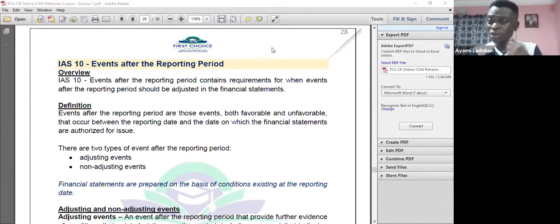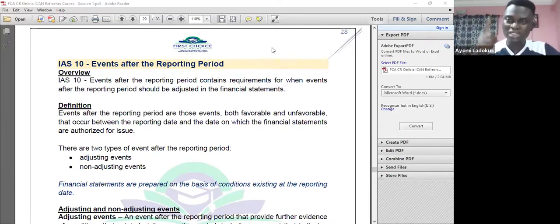When you're doing that, you are disclosing the estimate of the financial effect of the event, and of course the nature of the event. That's what you're telling the users of financial statements: the nature of the event and the estimate of the financial effect.